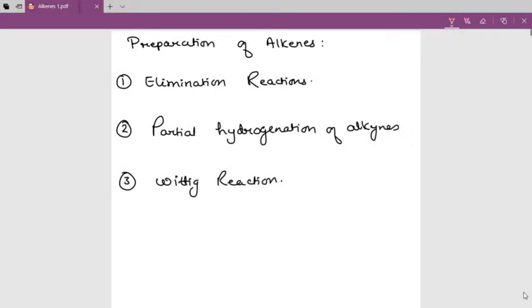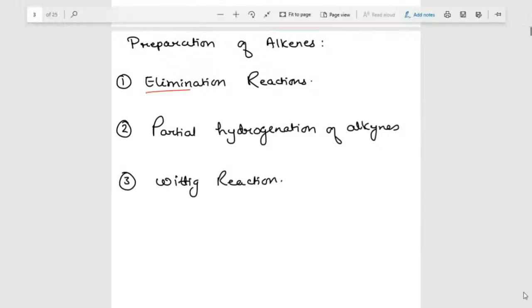First, a very general class of reaction called elimination reactions. Second, you can prepare them by partial hydrogenation of alkynes, that is, we would only hydrogenate one pi bond of the alkyne and the other remains as such.